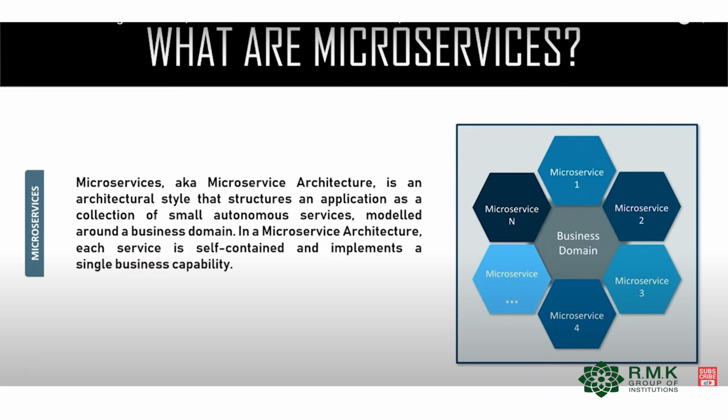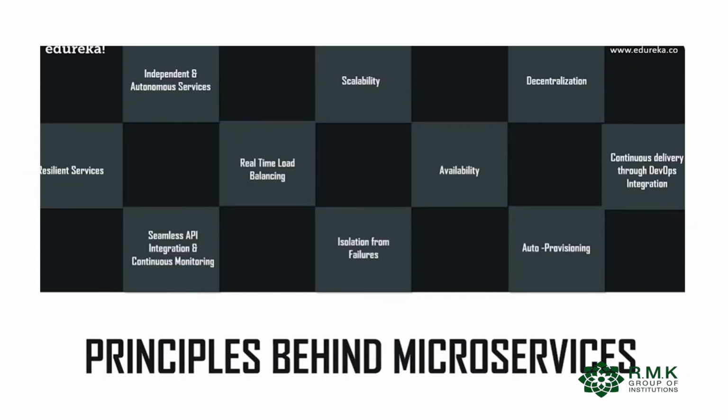We can use that same single module in another project too. For example, I created one business domain, and under it I created many small modules: microservice 1, microservice 2, microservice 3, microservice 4, microservice 5, up to n services. You can easily understand from the example I have given.